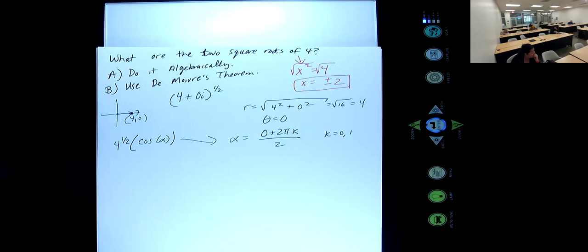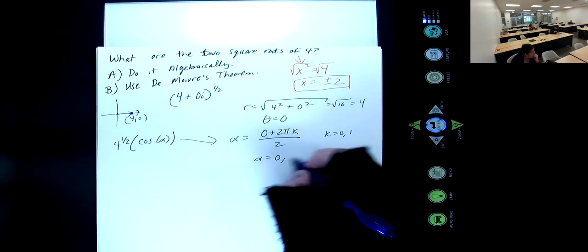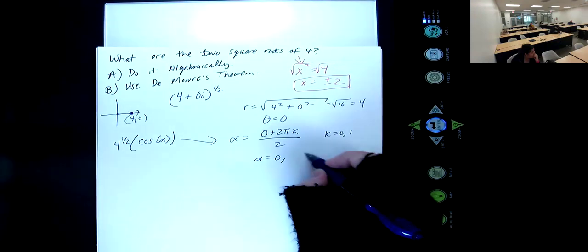Does that connect with what we were doing before? That formula? Which means alpha equals 0 or pi. When k equals 1, I've got 2 pi times 1 over 2, which is pi.